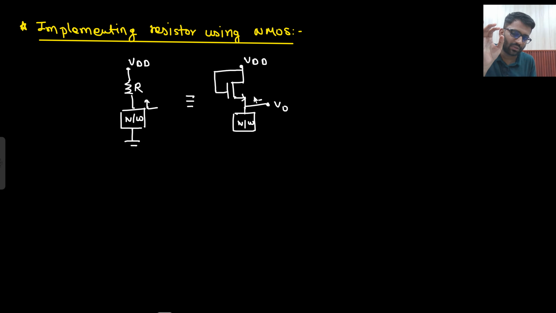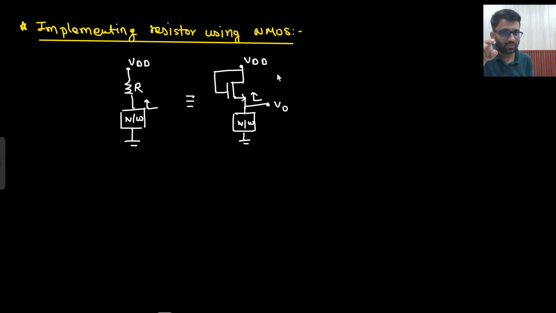Don't get confused, you just need to see there will be some resistance R from here. It would be equal to 1 by gm, but that is out of the scope of digital electronics. But from here downward, this is a resistance only. So if you see anything like this, you need to consider that as a resistance.